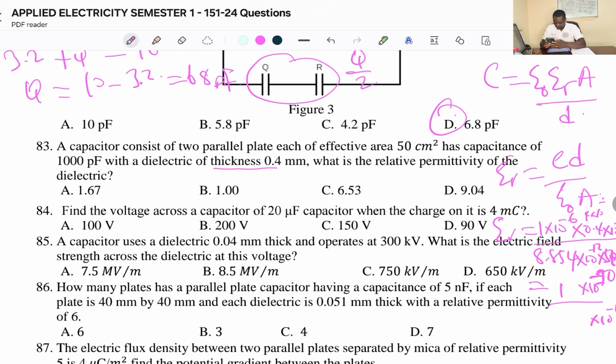So we have 8.854 times 5, and that will give us this, right? So if we have this, we take the inverse of this.